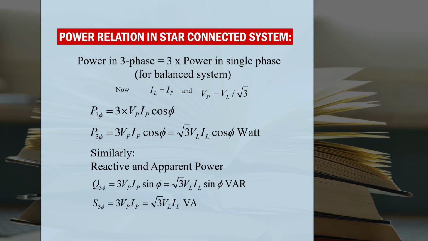And you can also write the equation for the apparent power for this 3-phase system. It is generally denoted by capital S. It can be written as 3 VP IP, and just put the value of VP and IP here. So the apparent power S is equal to root 3 times multiplied by the line voltage and line current.